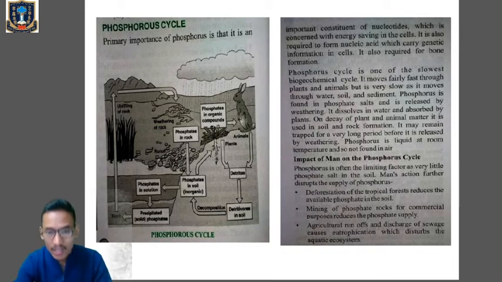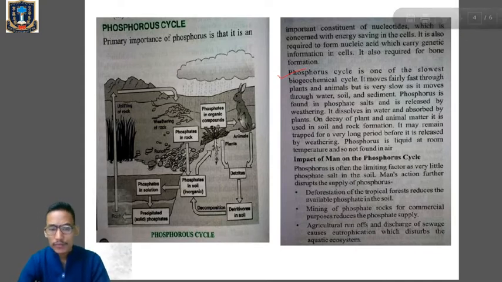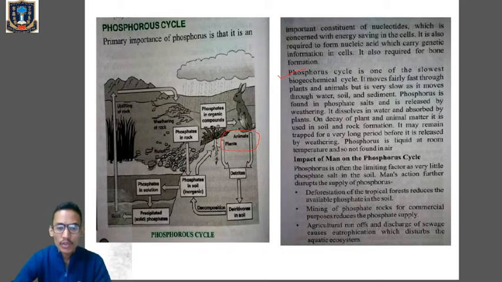Okay, the phosphorus cycle is one of the slowest biogeochemical cycles. It moves very fast through the plants and animals, but it is very slow as it moves through the water, or let's say through the soil or through the sediment. It is found in phosphate salts and released by weathering. This is very important. Okay, so phosphate is released during the process of weathering.